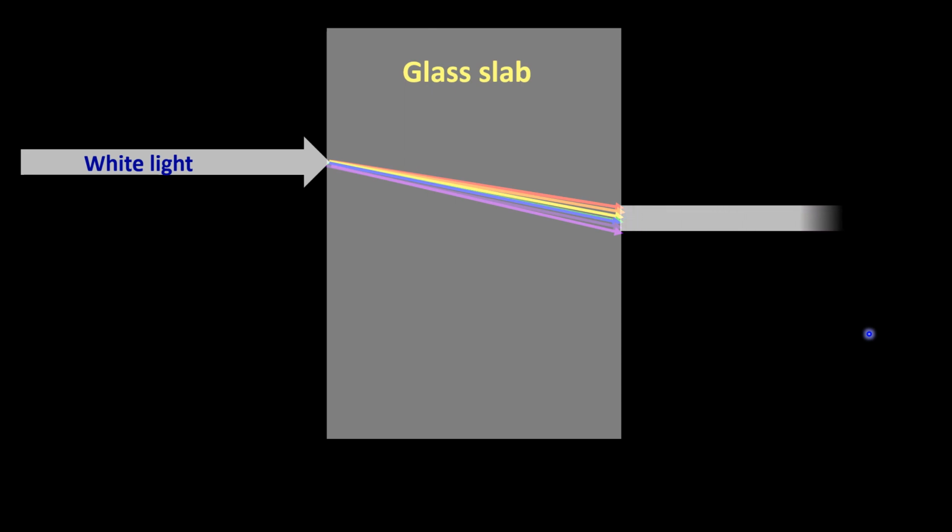So here we are getting white light again. All the colors again will form only white light. For that reason, a glass slab will never form a rainbow on the screen.